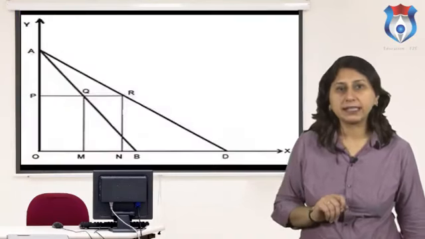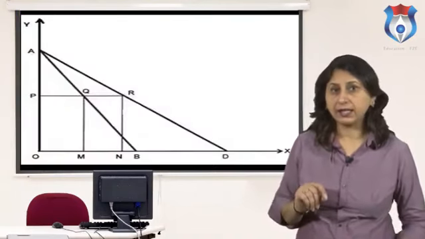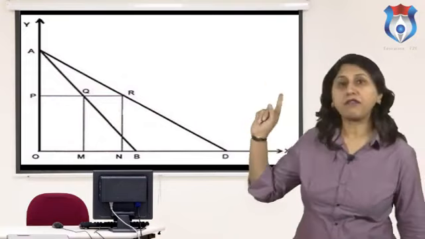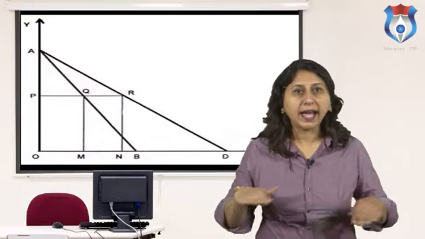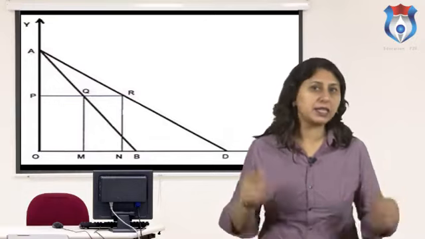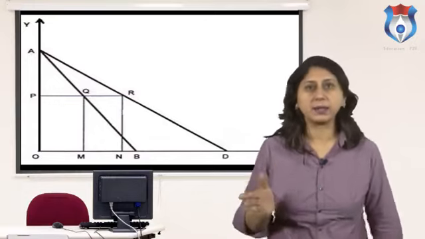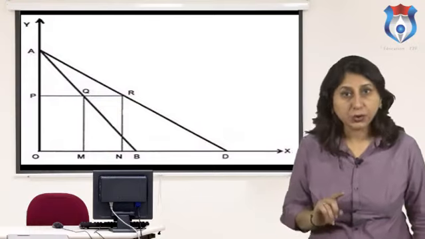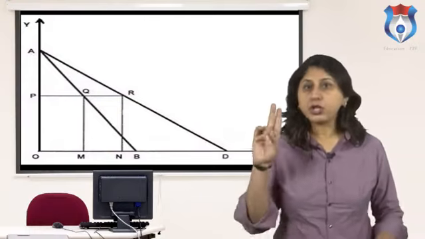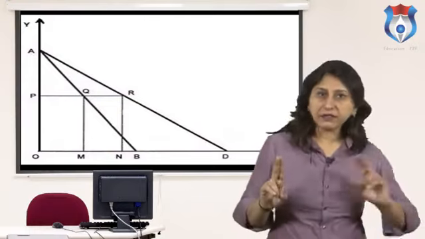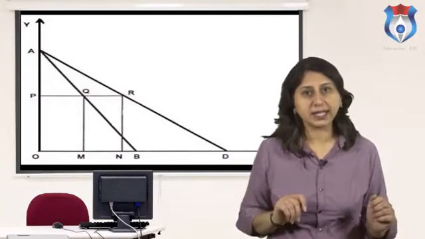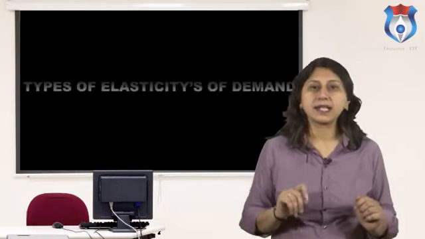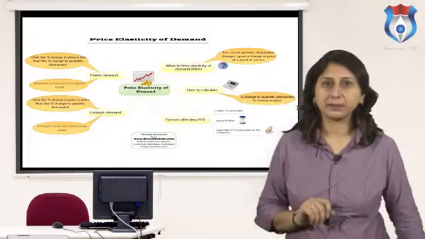Slope of the demand curve and price elasticity: the elasticity of a demand curve is often judged by its appearance. The flatter the demand curve, the greater the elasticity, and vice versa. But this conclusion is misleading because two demand curves with different slopes may have the same elasticity at a given price.